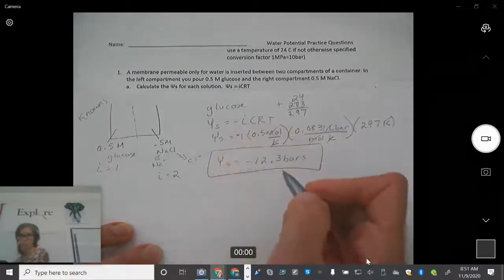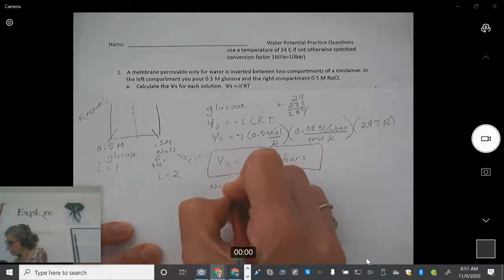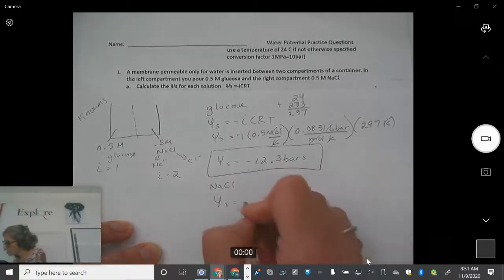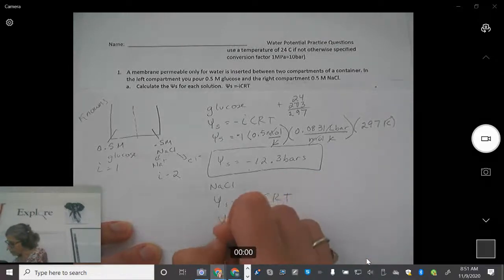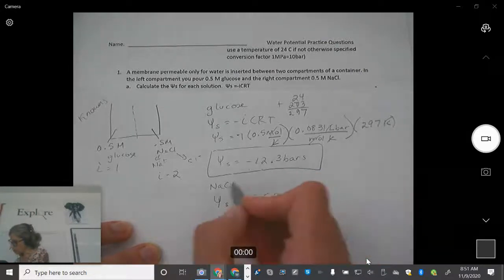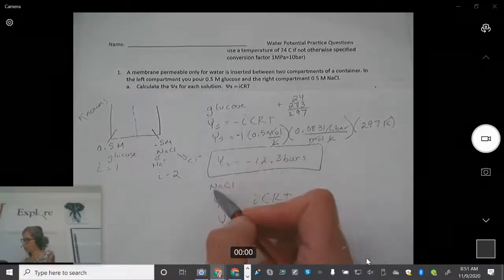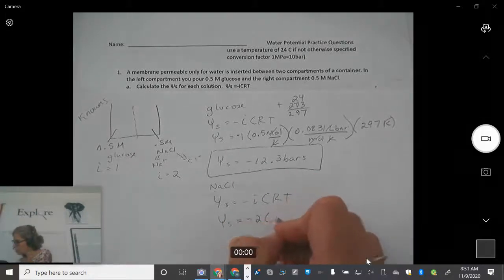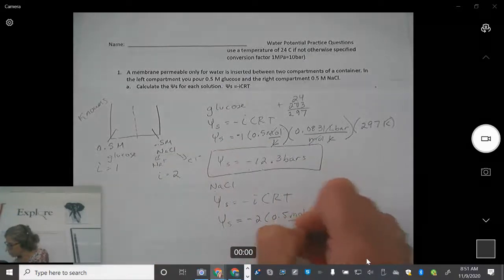Okay, so now I want to do the sodium chloride one. That is almost the same calculation. We are still trying to find the solute potential. That's negative iCRT. The difference is just this ionization constant, because you're going to really have twice as many particles in this one as you do in this one, because the sodium separates from the chloride. So it's negative 2 times 0.5, because it's the same molarity, and that's moles per liter.